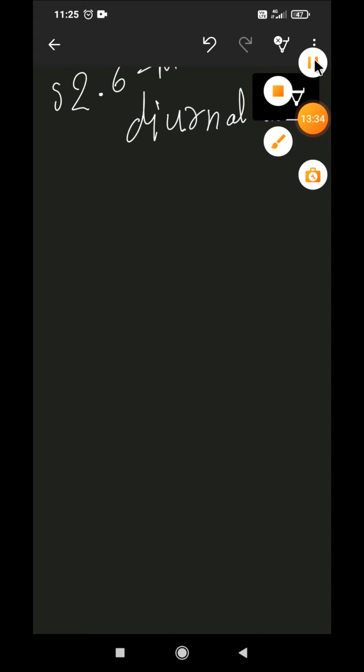The tidal cycle between high tide and low tide is around 6 hours and 12.5 minutes. So T will be equal to 6 hours and 12.5 minutes. If we count in seconds, it will be 6 into 3600 plus 12.5 into 60.